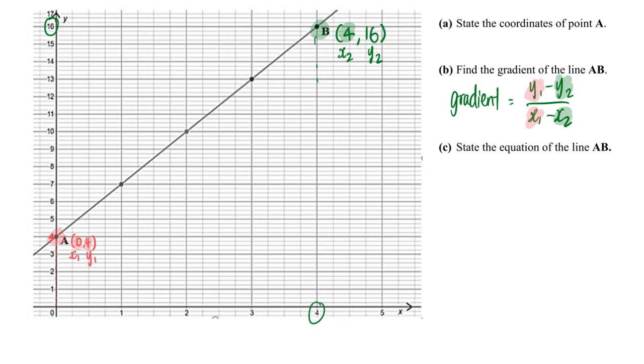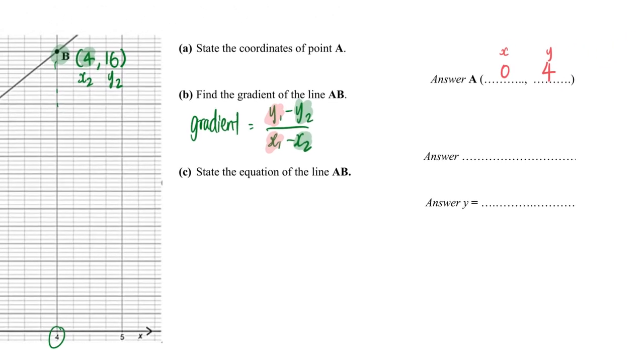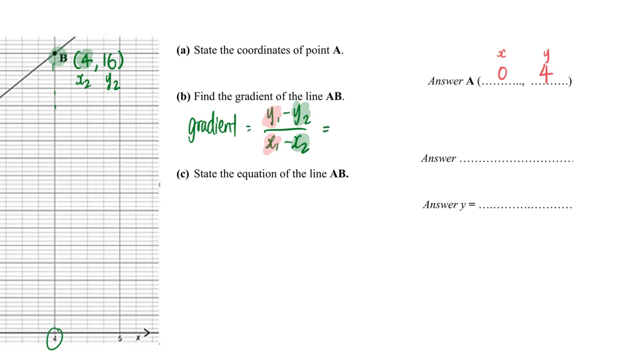So in this case here, you will see this 4. Yeah, so 4 minus 16, and over 0 minus 4.